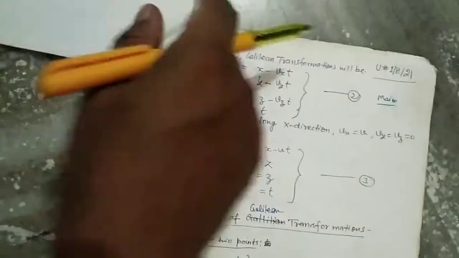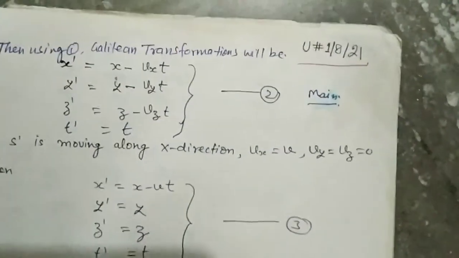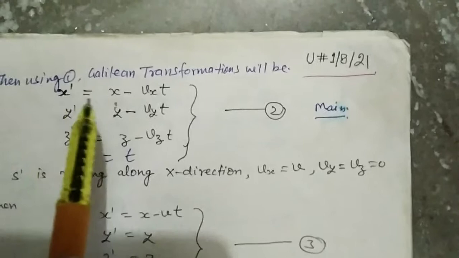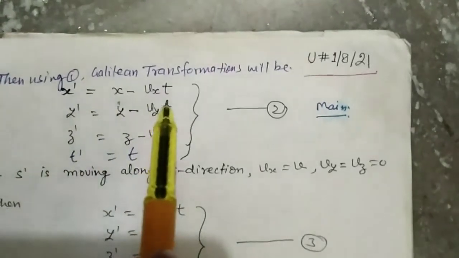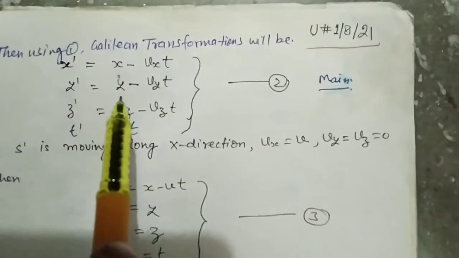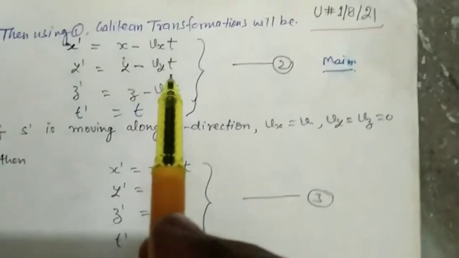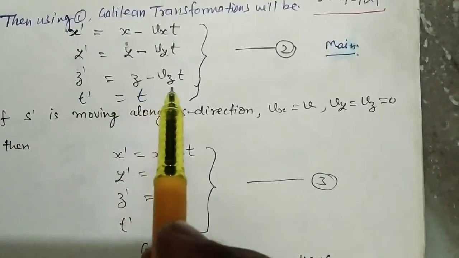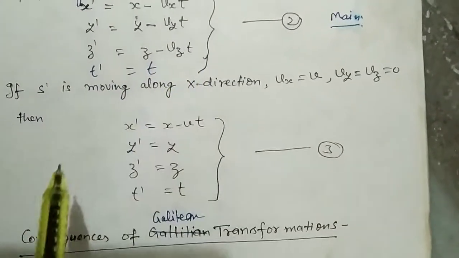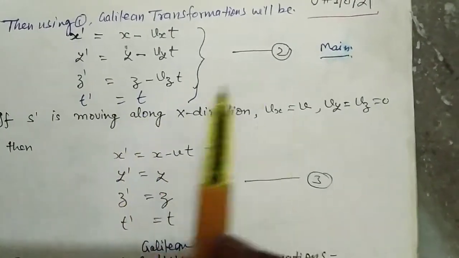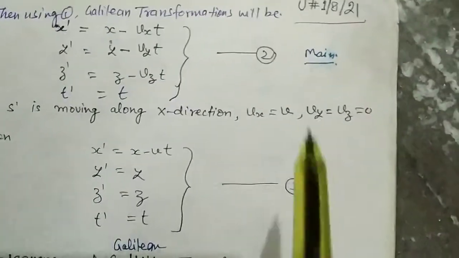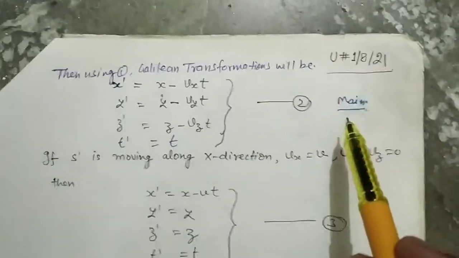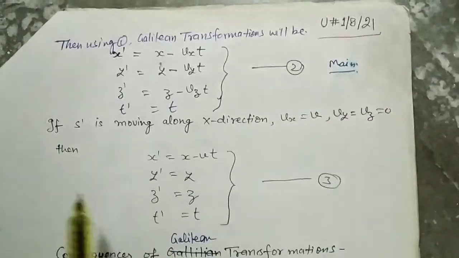Hence the Galilean transformations defined by equation number 1 become x dash is equal to x minus Vxt, y dash is equal to y minus Vyt, z dash is equal to z minus Vzt, and t dash is equal to t. This is equation number 2, and these are called the main Galilean transformation equations.